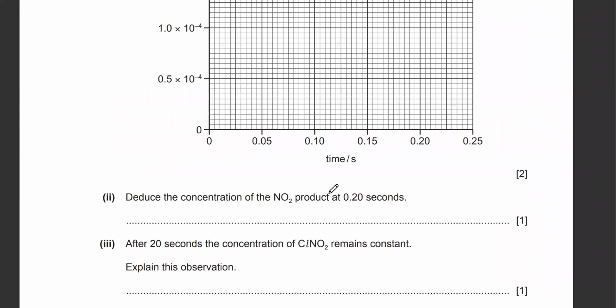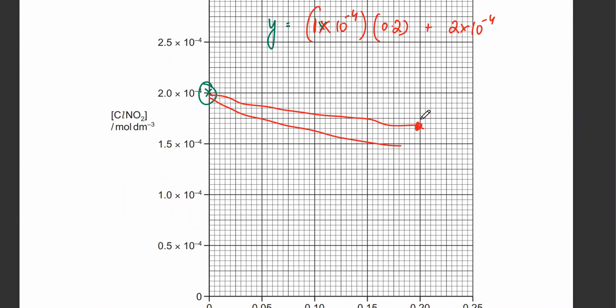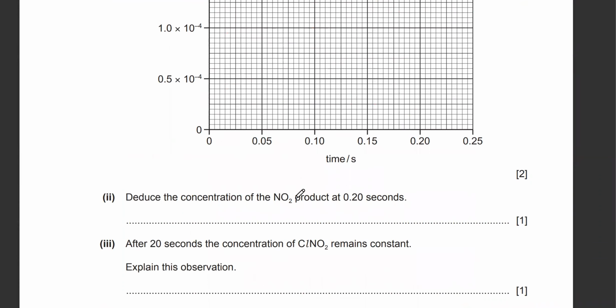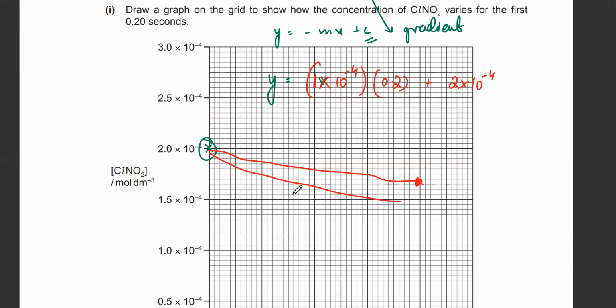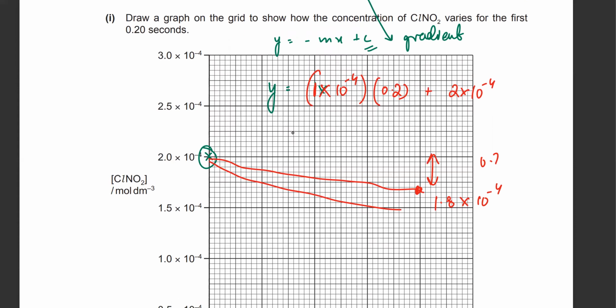Deduce the concentration of NO2 product at 0.2 seconds. We just did that. No, he's talking about the product. So if ClNO2 concentration decreases to 1.8 times 10 power minus 4, that means there's a decrease of 0.2 times 10 power minus 4 mole per dm cube.